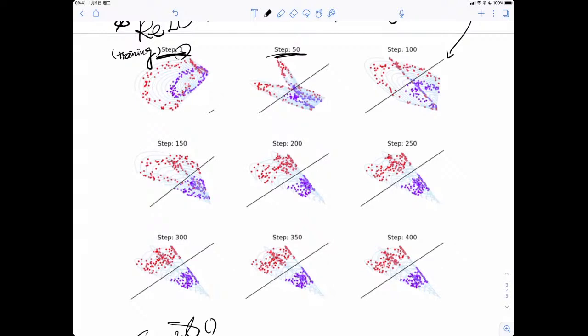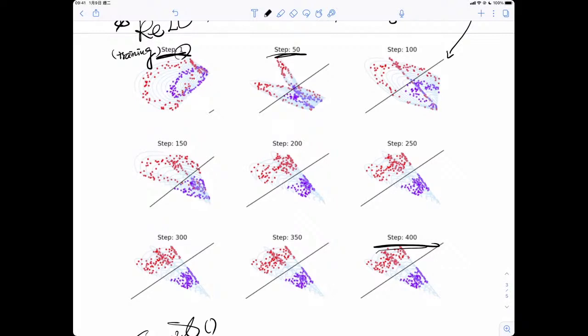After 400 times we train this data, as we can see, the original data distribution is gradually changed by the current neural network.